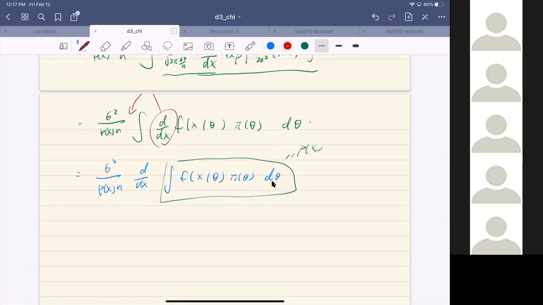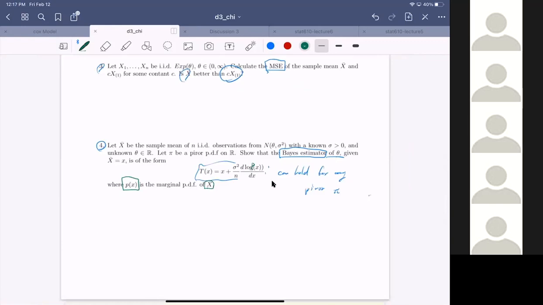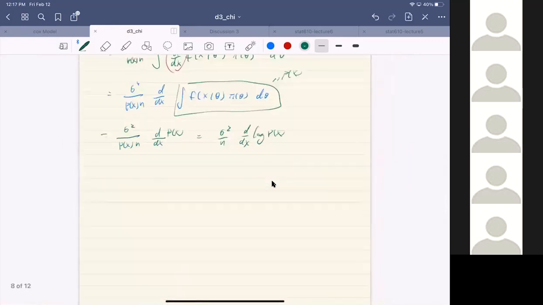So we may have the theta square, p of x, n, d p of x over dx, and this is equal to the derivative of log p of x. So we combine these two terms and we can give our formula. So T of x is equal to x.